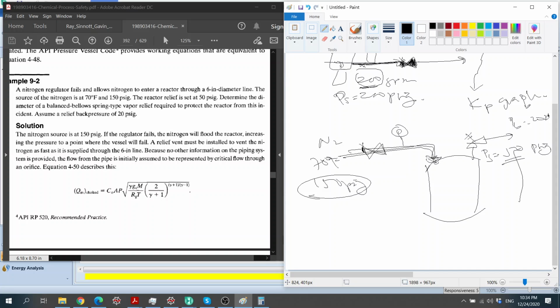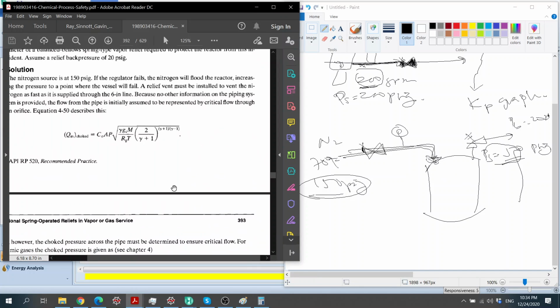So based on the sizing of the 6-inch diameter, they need to know, based on this P and that P, whether it is choked or non-choked. It says here choke. They did already the calculations, and if it is choked, they can calculate how much is the flow rate that goes through from this point to the vessel.